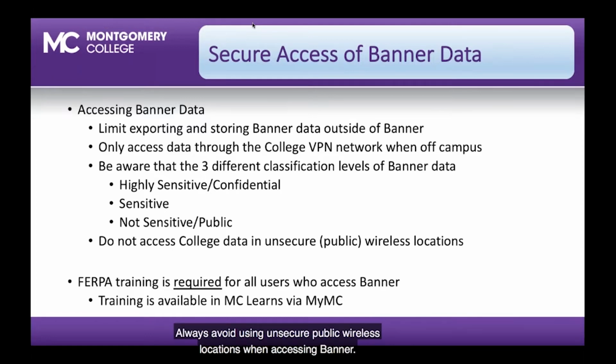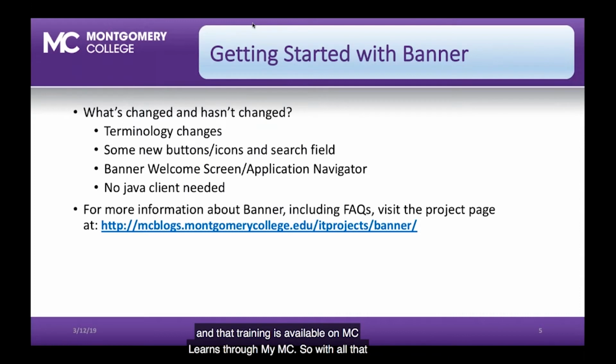Always avoid using unsecure public wireless locations when accessing Banner. And finally, remember that FERPA training is required for all users who access Banner, and that training is available in MC Learns through MyMC. So with all that said, let's get started and take a look at Banner.